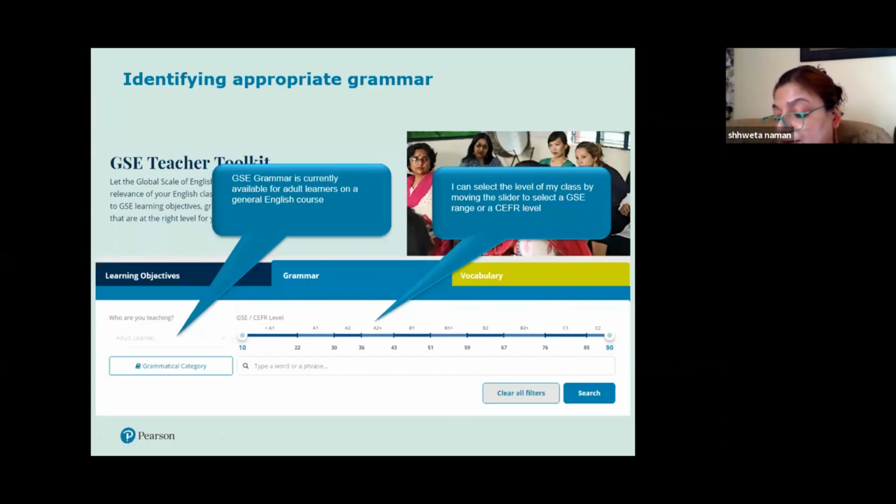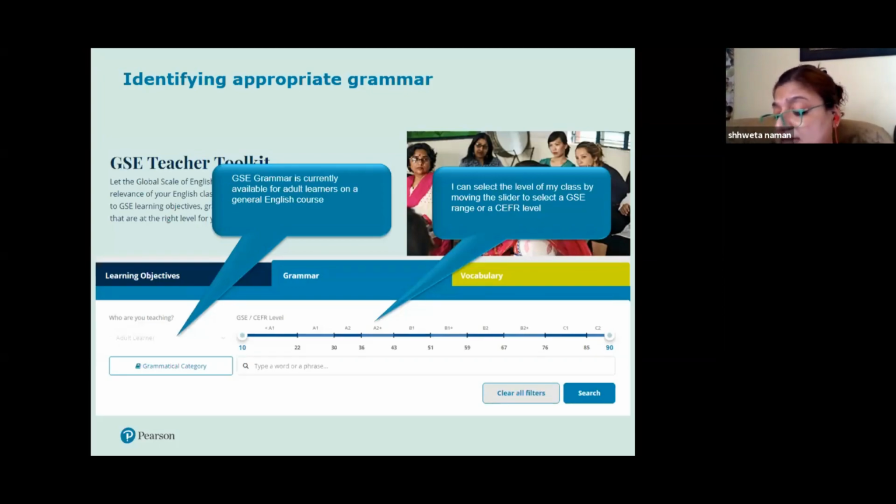If a learner wants to know how good his or her English is, then GSE may help to answer. If the learner wants to know whether he or she is progressing or not, then GSE may help. Then what do I need as a learner? What do I need to do next? That can be answered by GSE.